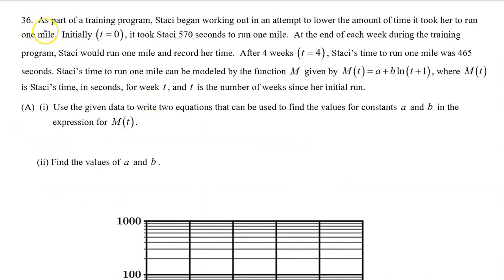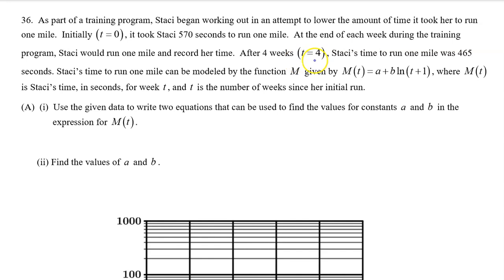Number 36. As part of a training program, Stacy began working out in an attempt to lower the amount of time it took her to run 1 mile. Initially, t equals 0, it took Stacy 570 seconds to run 1 mile. At the end of each week during the training program, Stacy would run 1 mile and record her time.